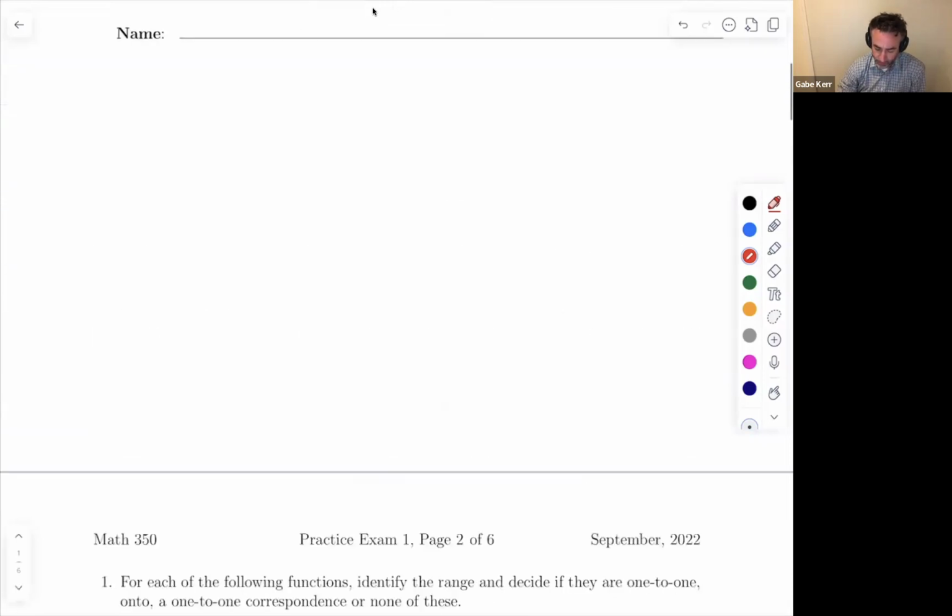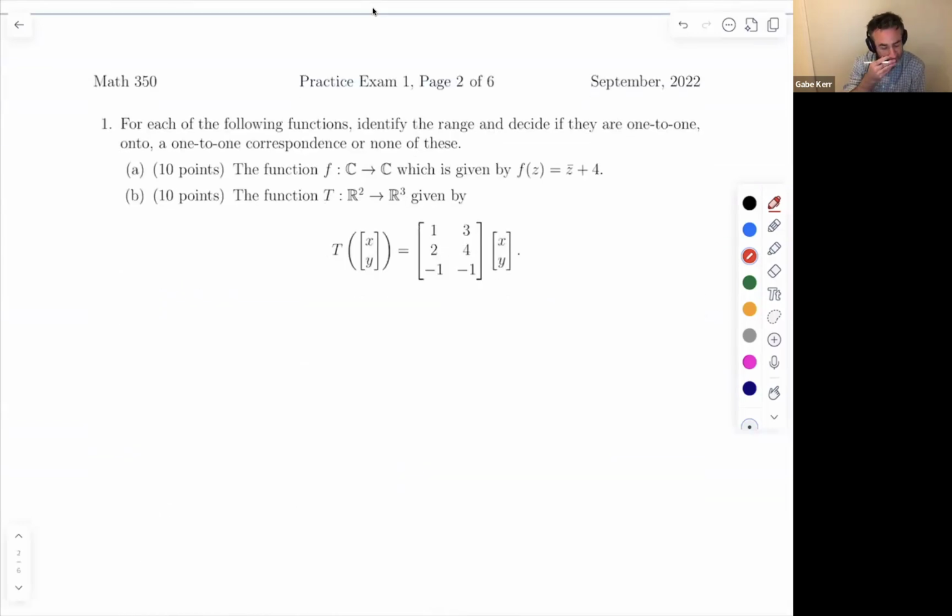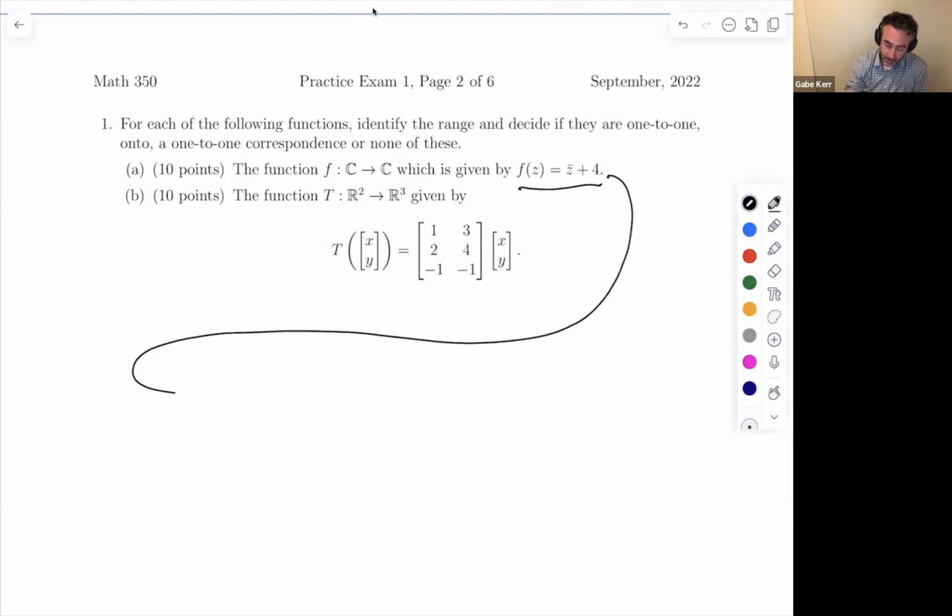All right, so I'll go through some of this and then you guys can ask questions. The first one is a basic functions question, asking whether you have onto or one-to-one properties. If you look at this question for F, you might suspect that it has an inverse, so you could set up an equation like this.